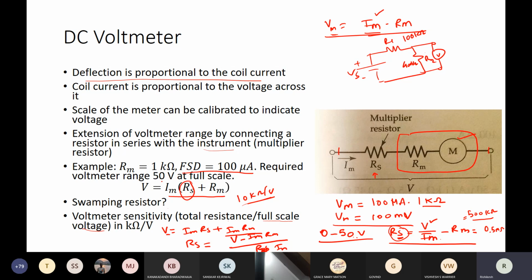Okay, so maximum is 50 volts that it can measure. So that is a full scale voltage that is used in the calculation of voltmeter sensitivity. So if you know the voltmeter sensitivity, then you can calculate the total resistance, right? And if you know the total resistance of the voltmeter, even though the measurements are incorrect, you can compensate for it with the knowledge of resistance of the voltmeter. Okay, fine.